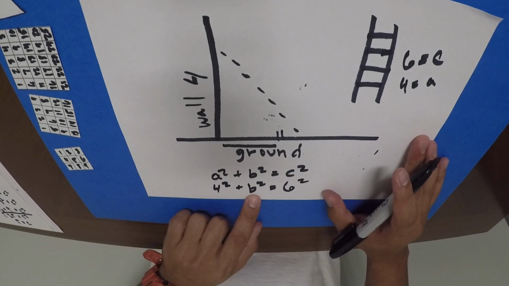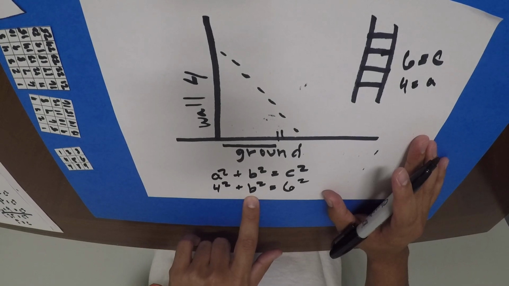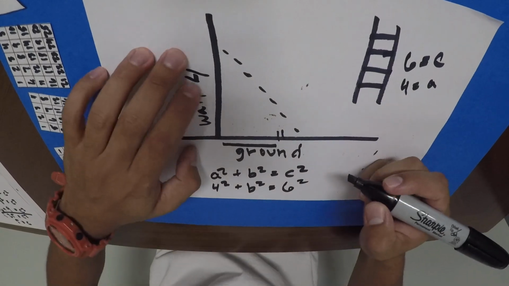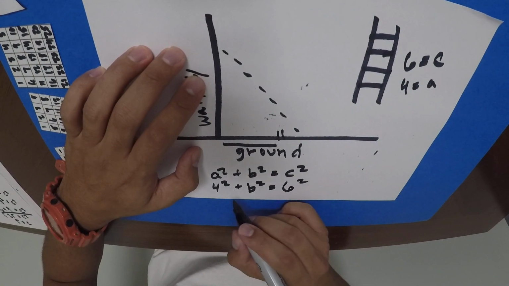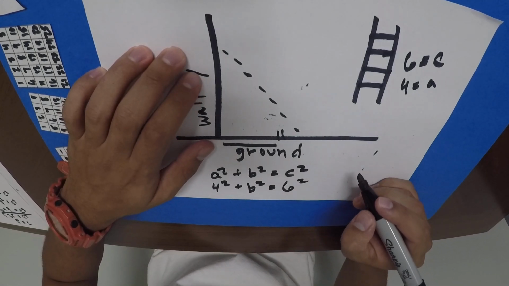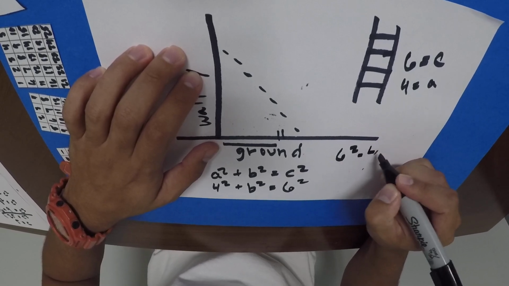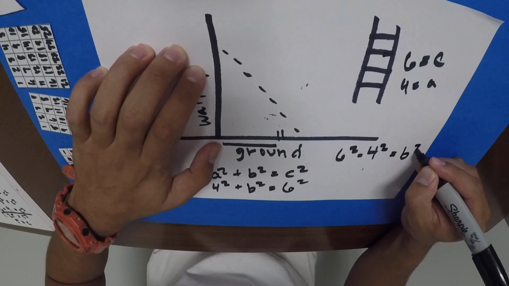Now, I know a lot of you are stumped and might be questioning yourselves. We are going to have to flip this problem around. We don't have B, so you're probably a little confused right now, but the same way we can add, if you move the equation around, we can also subtract. So we are going to do 6 squared minus 4 squared equals B squared, okay?